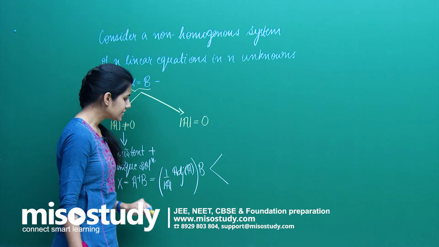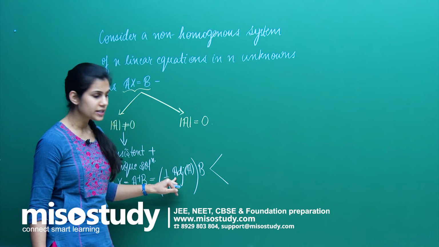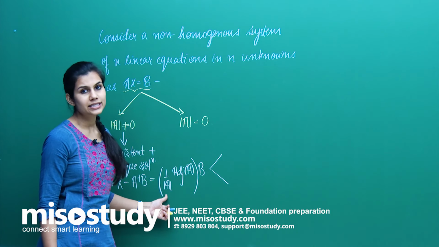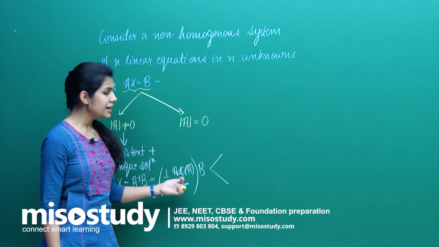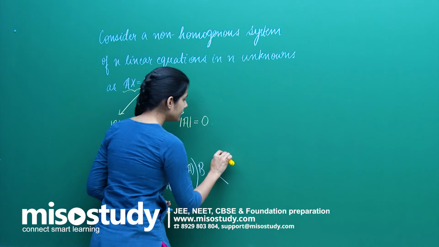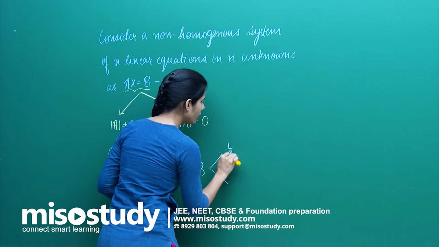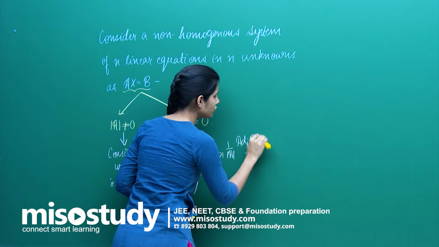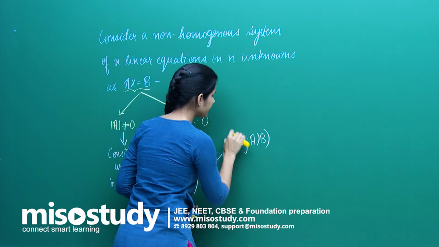What were those two cases? The numerator of this is adjoint of A into B, right? Determinant of A is given to be non-zero.